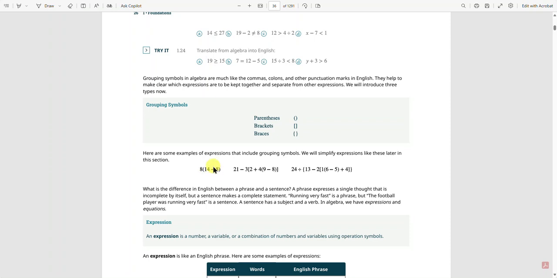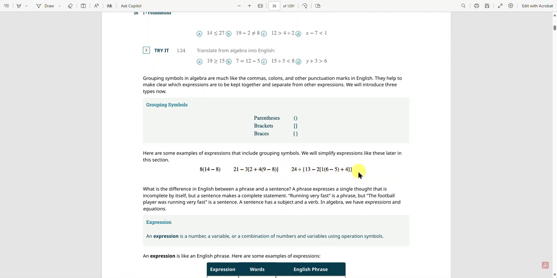So 14 minus 8 is grouped inside parentheses. Here we see 9 minus 8 is put inside parentheses and grouped, but then we see this whole expression here is grouped inside of square brackets. You can see the square brackets before the 2 and after the 8. So we have parentheses inside of brackets.